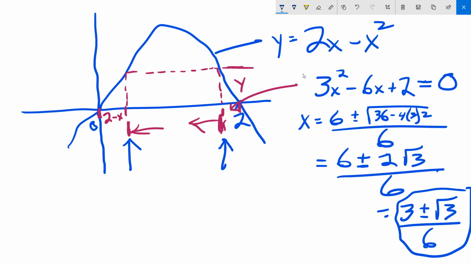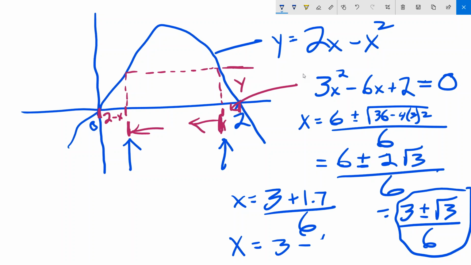So we've got x equals 3 plus 1.7 over 6, and we've also got it equal to 3 minus 1.7 over 6. Both of those are positive numbers, which is what our picture indicates. So the first x is going to be like 1.3 divided by 6, and the second x is going to be 4.7 divided by 6.